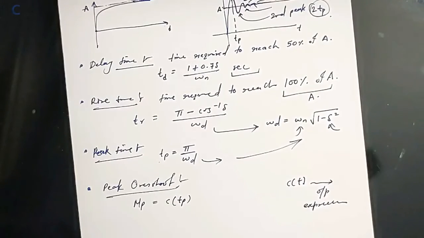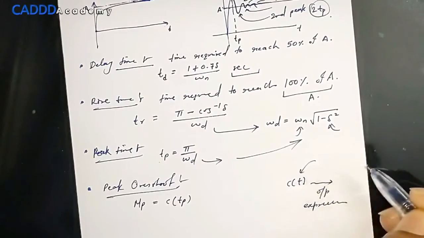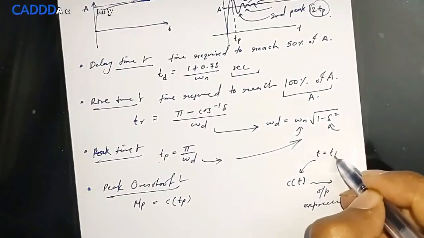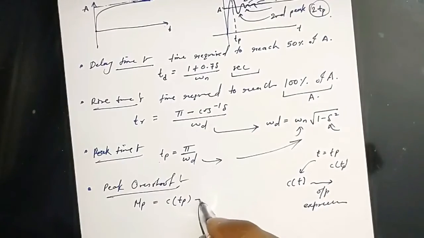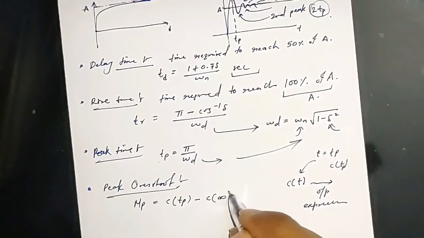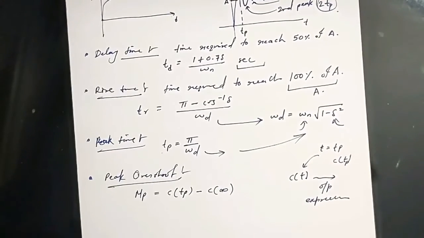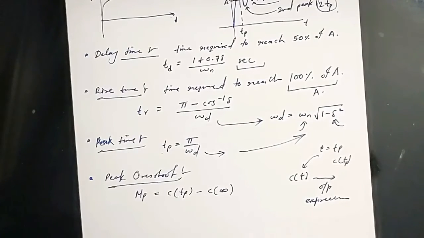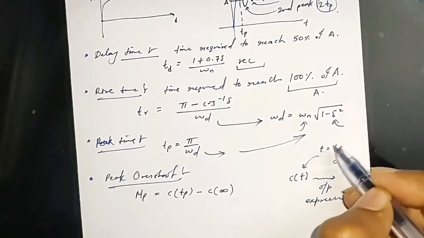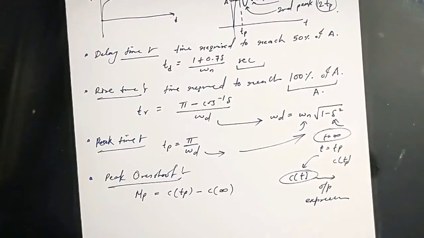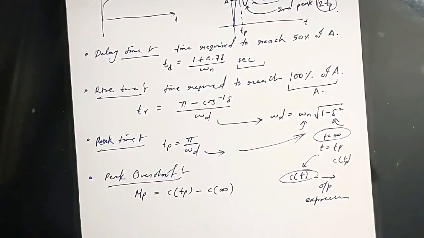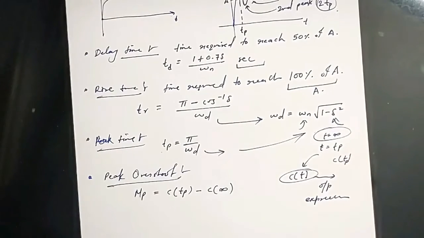Put t equal to Tp to get C of Tp. Then for C of infinity, just put t equal to infinity in this output expression. You will get C of infinity, and subtracting both, you will get the peak overshoot.